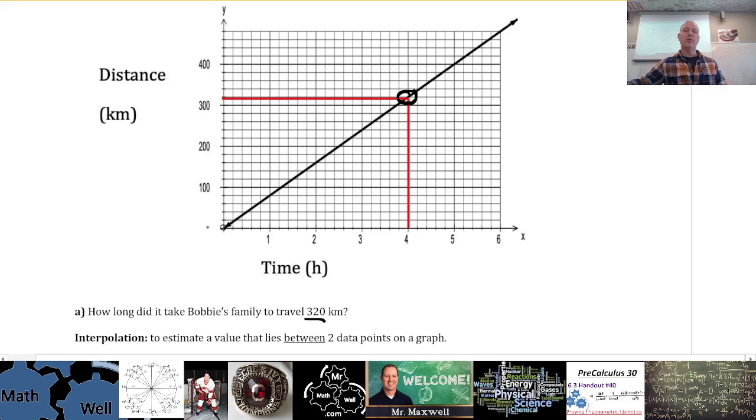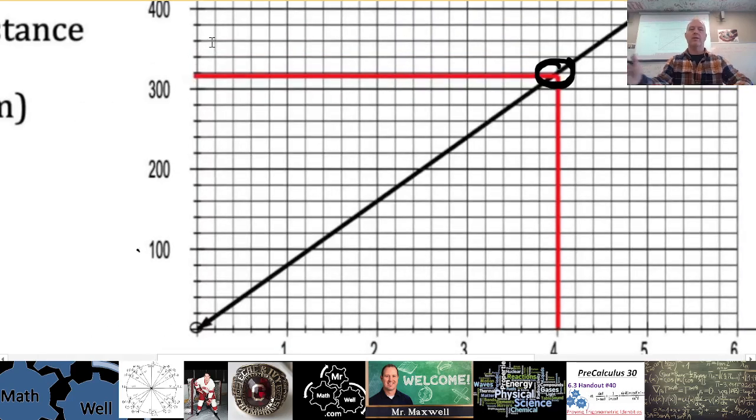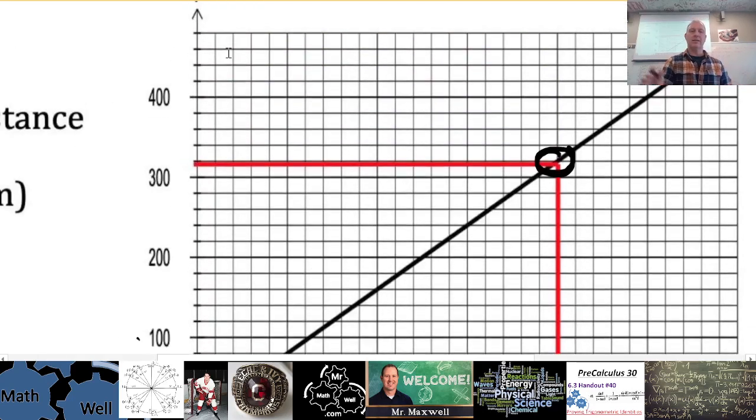So you want to find 320 kilometers. They have this outlined already, but why is it this line? Well, because there are 5 spaces between 300 and 400. If you take 100 divided by 5, each space is worth 20. So this line right here is 320.